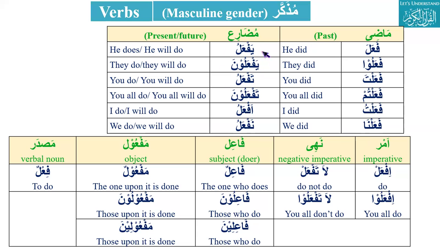Similarly for amr and nahi, there will be only one order, only for dual. Similarly for the subject, only one dual, and maf'ul dual, and masdar will remain the same.